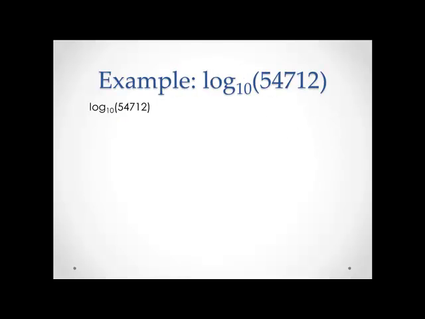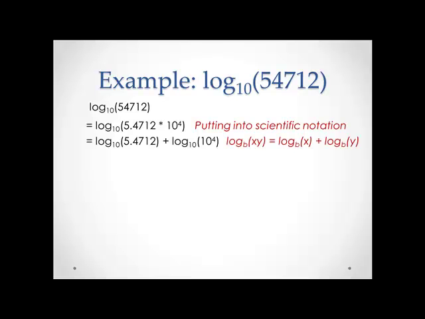For example, let's find the log base 10 of 54,712 by using the properties we just went over. First, change into scientific notation to get log base 10 of 5.4712 times 10 to the fourth. From our property involving multiplication of logs, this is equivalent to log base 10 of 5.4712 plus log base 10 of 10 to the fourth.